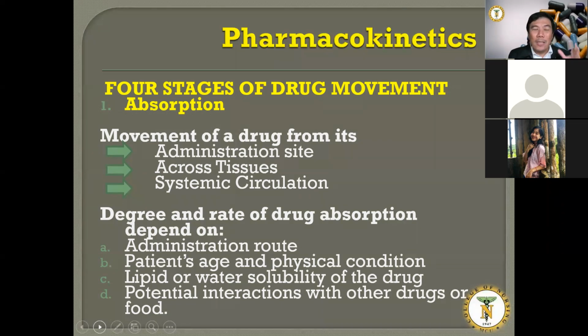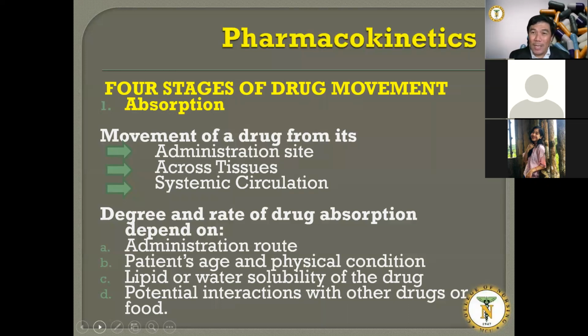Can you imagine that once you take a pain reliever by the oral route, its effect may take from 15 minutes to a maximum of 90 minutes, equivalent to 1.5 hours, before it has its full effect. So with this understanding, it is very important for all of us to have the basic knowledge of routes of administration. Next, absorption may differ by patient's age and physical condition.